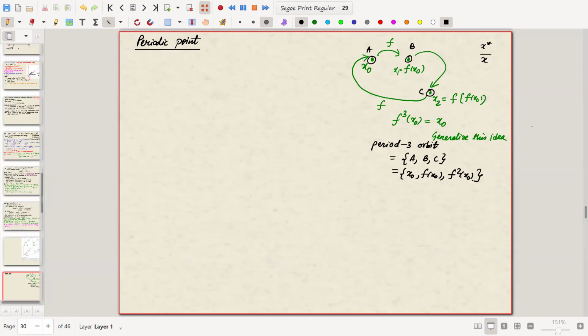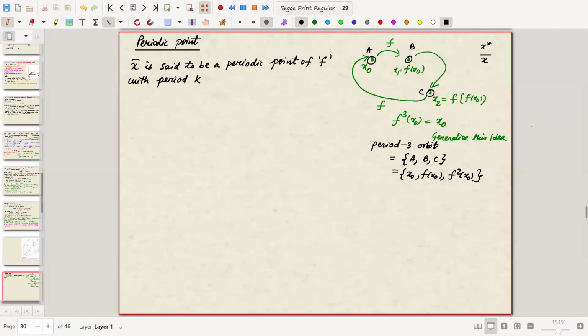Just a change of notation, nothing else. x bar is said to be a periodic point of map f with period k if f composed k times at x bar returns to the same x bar, isn't it?